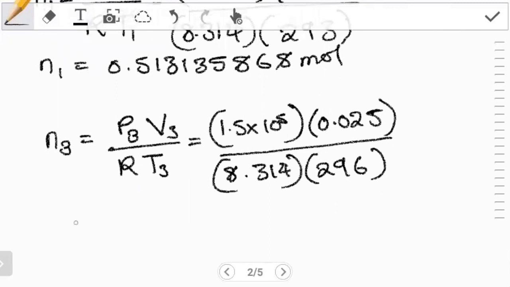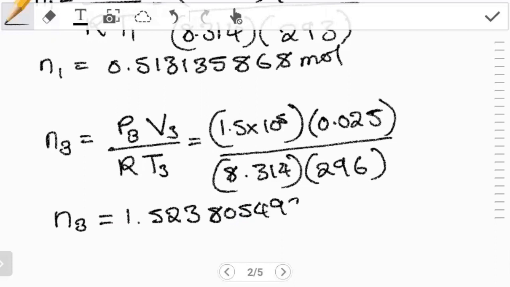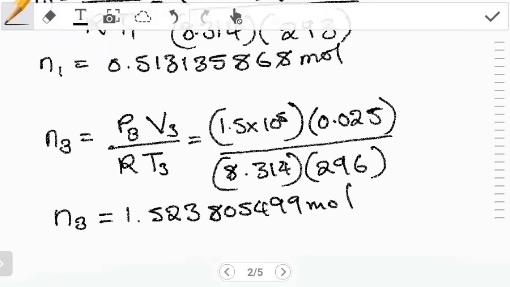And then if you perform the calculation, we get N3 as 1.523 moles.